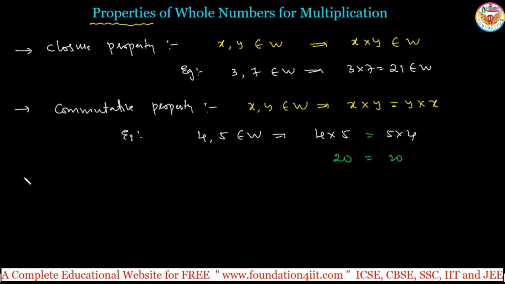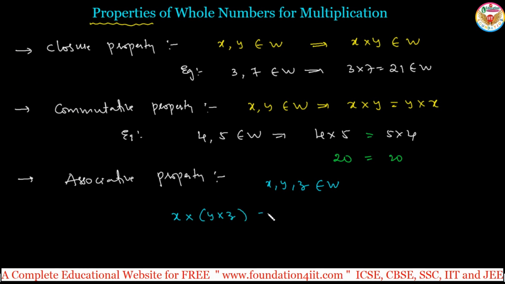And next one, associative property. When you come to the associative property, for any three whole numbers, let's take x, y, z. These all belong to whole numbers. Then as per the rule, x into y into z must be equal to x into y into z.